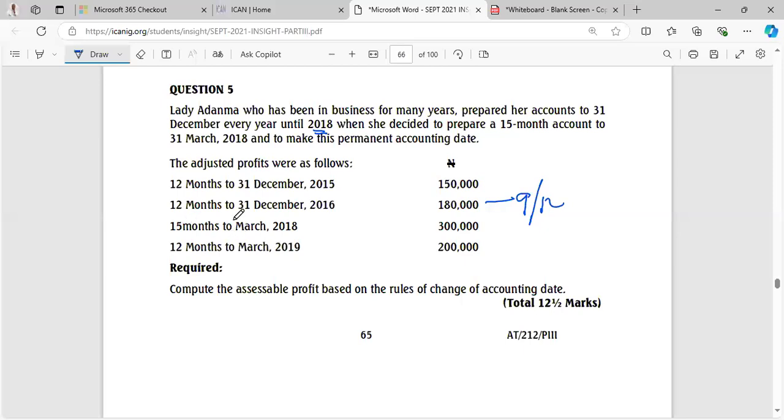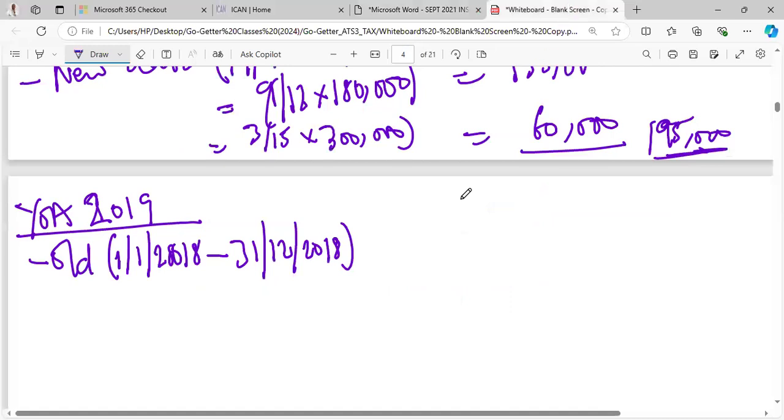And so from January to March is 3 months. So we're going to take these 3 months here. So this will be 3/15 times 300, which we've calculated before. That gives us 60.